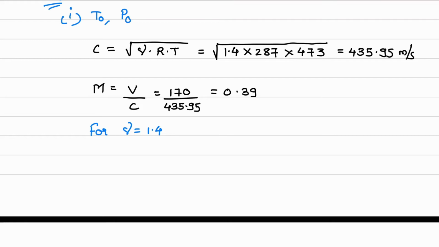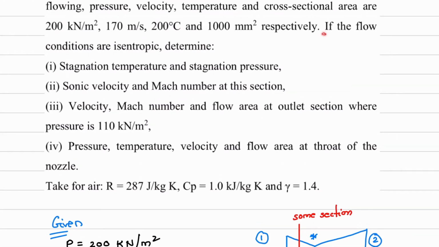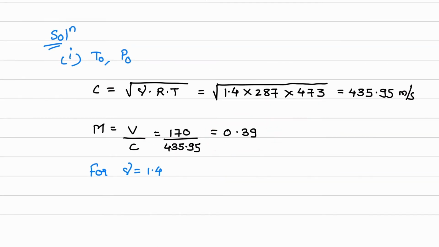And what is the second condition here? It is given in the question that the flow conditions are isentropic. This is a very important condition. So the flow is isentropic, gamma is 1.4, and the Mach number we know is M equal to 0.39. So at this Mach number we have to go to the gas table.